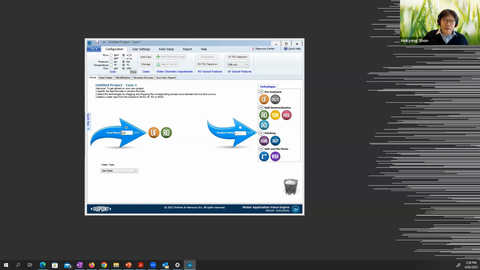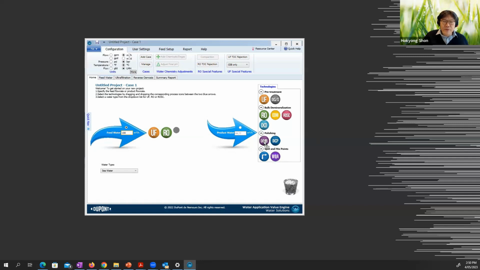The feed flow comes first to pretreatment ultrafiltration. Then you have the ultrafiltration section. You can also change your parameters. Then reverse osmosis and feed water.